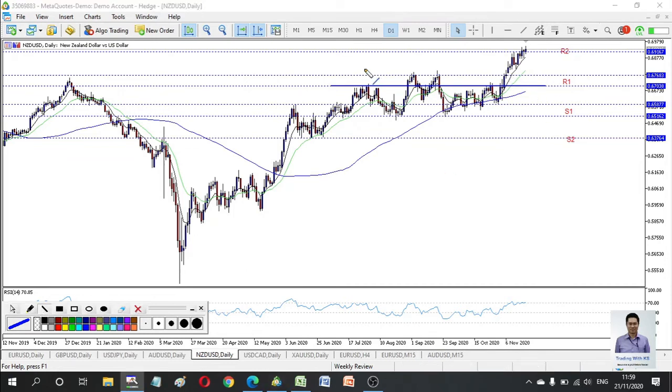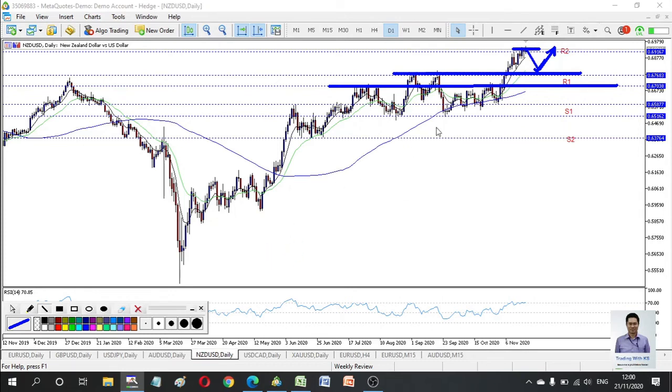So what happened? We have talked about this support resistance line, and we talked about this target. Very bullish price action. It had already reached the target. So for you to trade this pair, it's best you wait for a retracement, then only go for a long position.